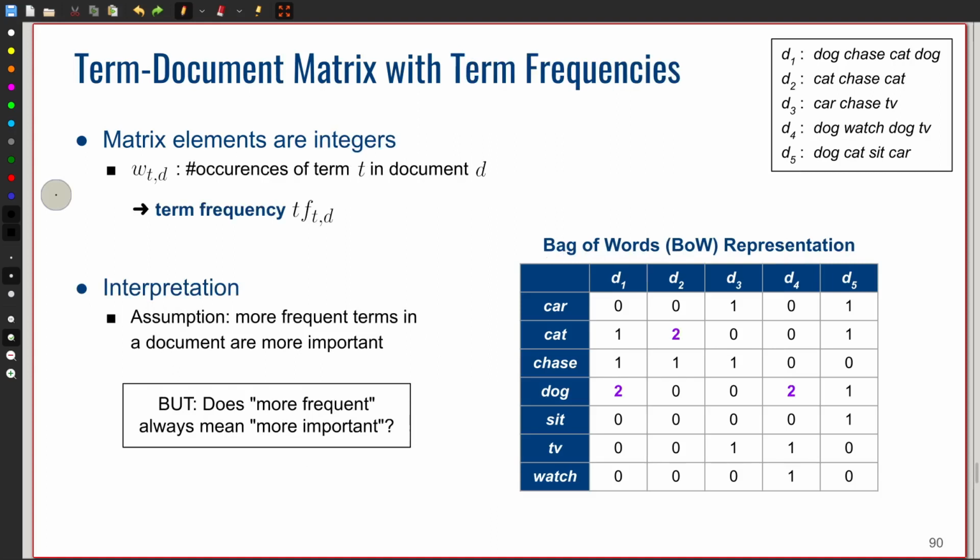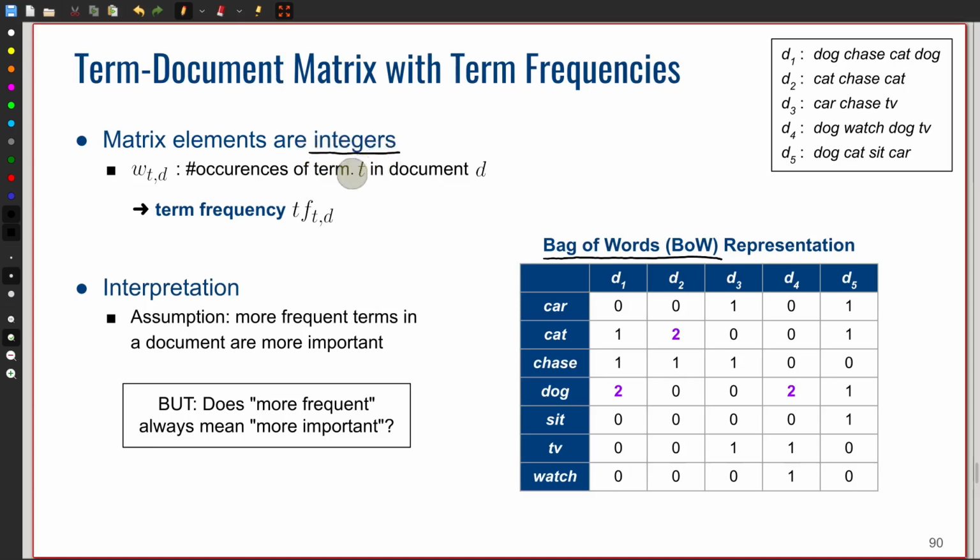Another basic alternative is the so-called bag of words representation, where we now consider the number of occurrences of a term in a document. So now our matrix is no longer binary, so the values are no longer just 0 and 1, but now our matrix elements are integers.